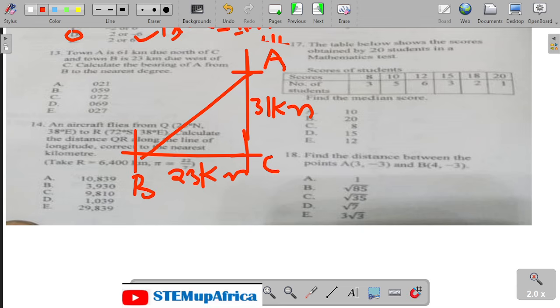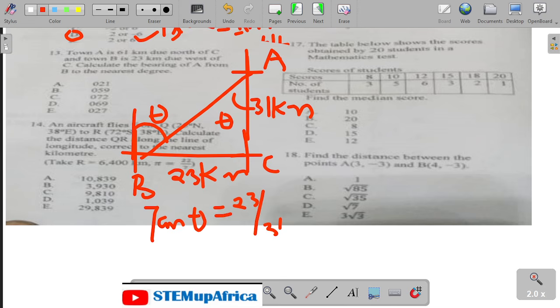So I'm asked to find the bearing of A from B, which is from here to here. Here is theta. Here is also theta. Alternate angles. So having opposite over adjacent, theta equals 23 over 31.